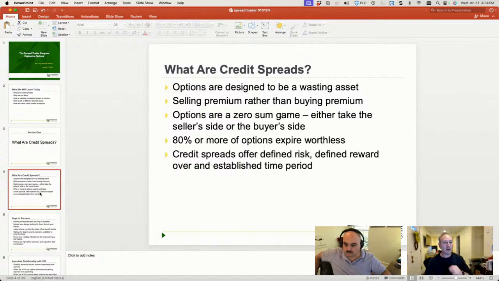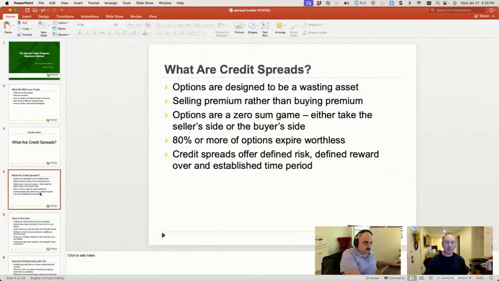Options are the same thing. As you get close to the expiration date on an option, it starts to decay, much like milk. And while you can't taste an option, it's certainly going to sour and it's going to expire worthless. Now, there are different ways to play options. You can be a net buyer, or you can be a net seller, or you can be both at the same time.